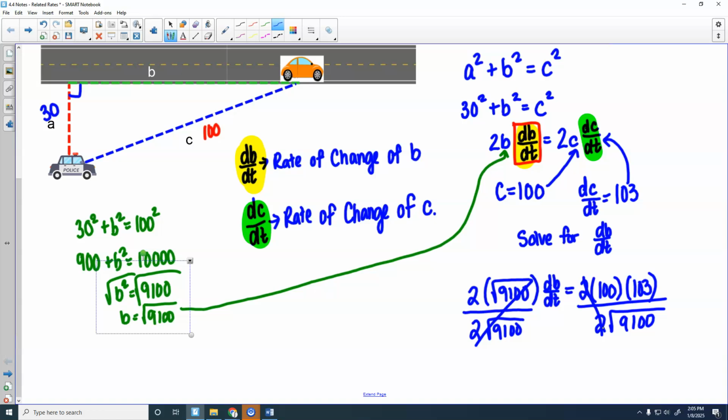I'm getting 107.973. And that would be in feet per second.